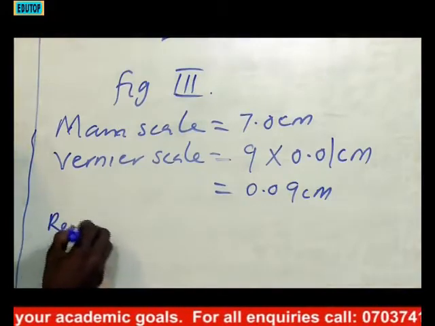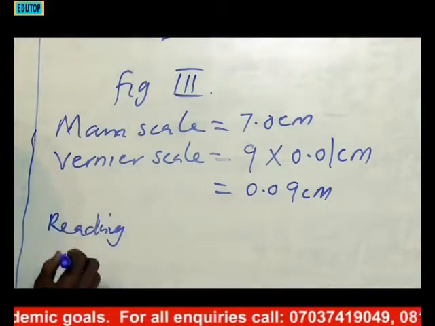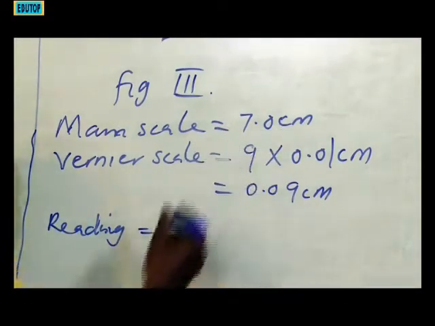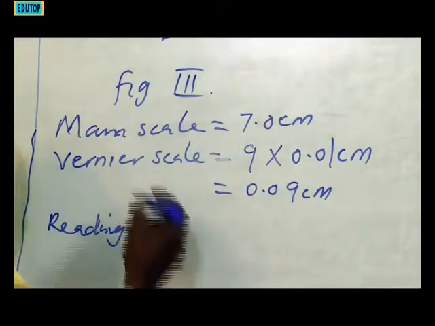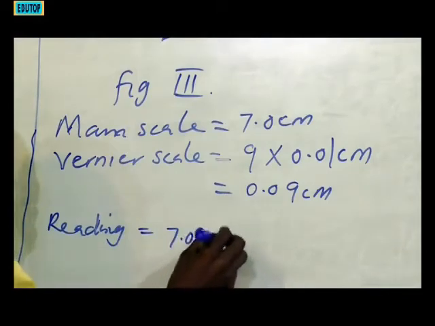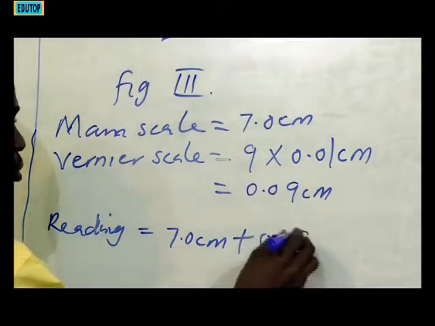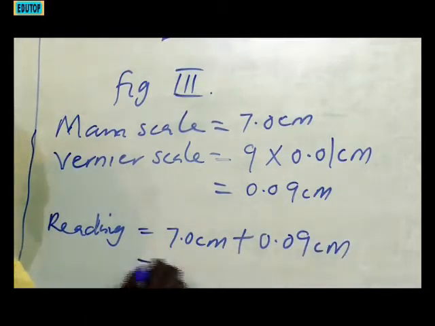The reading on the vernier caliper will now be the addition of main scale plus vernier scale.